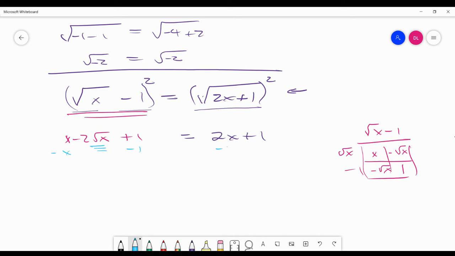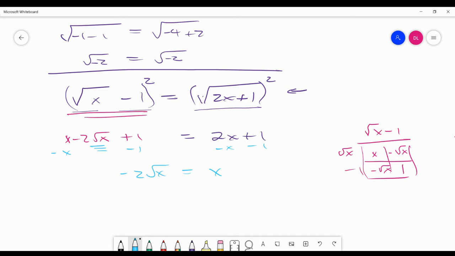So we're going to subtract x and we're going to subtract 1. And I'm going to get negative 2 root x equals x. So we've got that piece there. All right. So now I'm left with a square root here and just an x there.